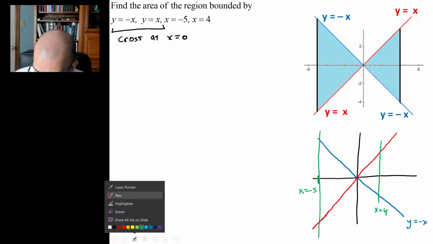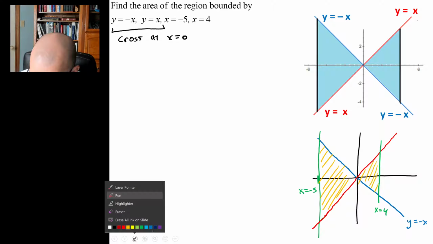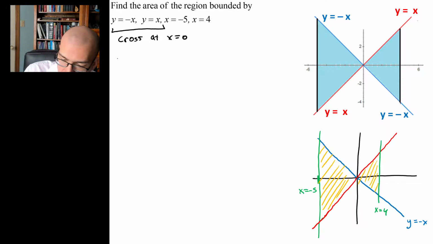And we can tell, whether the picture is given to us or we make the picture ourselves, that there are two regions here. We have a big area and a small area. We're going to have to split our integral up into two. So area is equal to area 1 plus area 2.